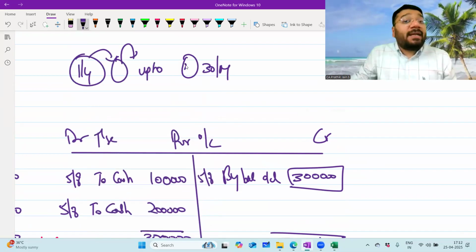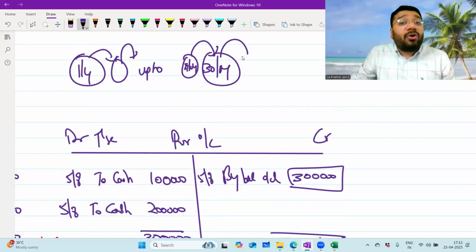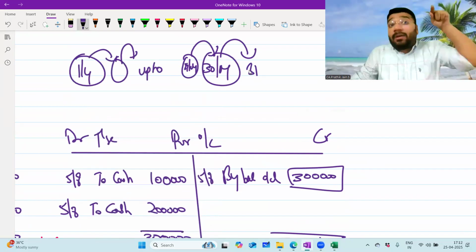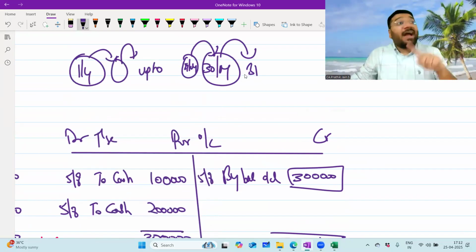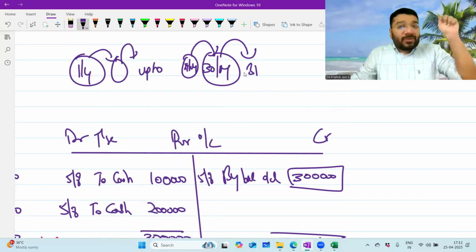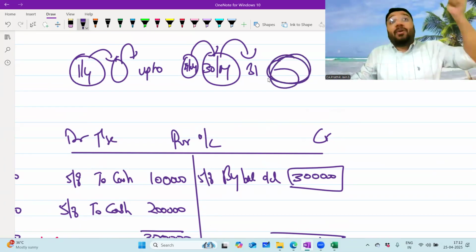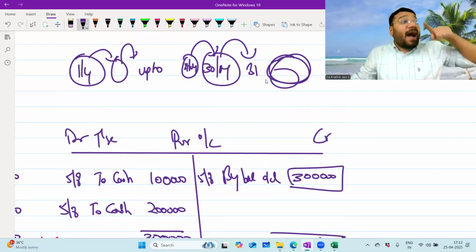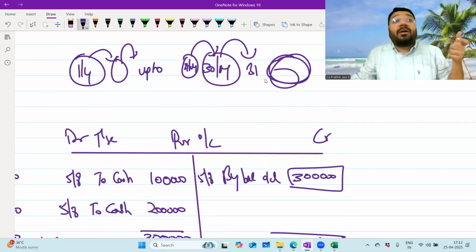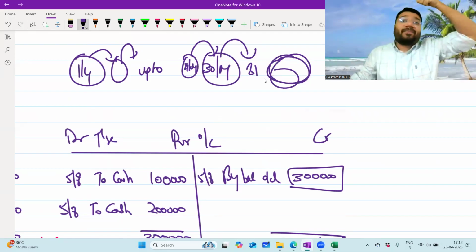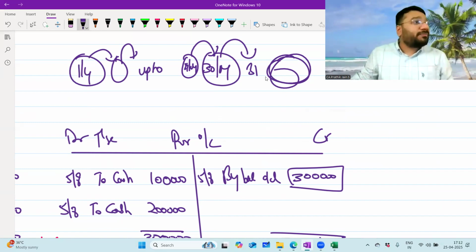Like that, 29th March balance I'll carry forward to 30 March, and 30 March to a maximum of 31st March. But whatever is the balance of 31st March, I can't carry forward. So there, finally, I will close the account.